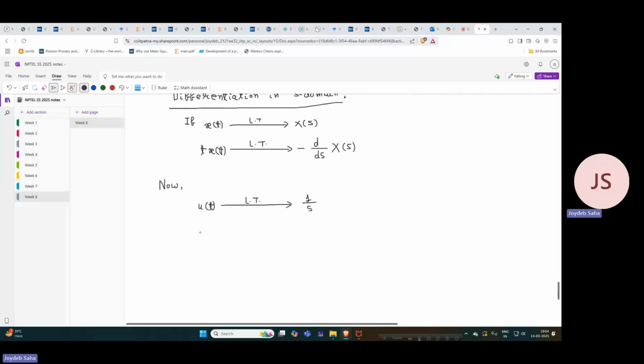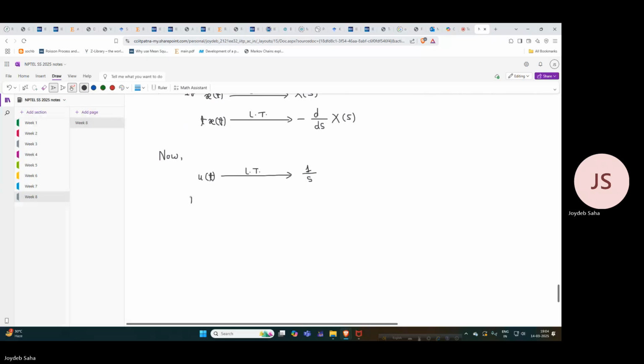So if we multiply t with u of t, its Laplace transform will be minus d/ds of 1 upon s, that is equal to minus, minus will be plus, right?